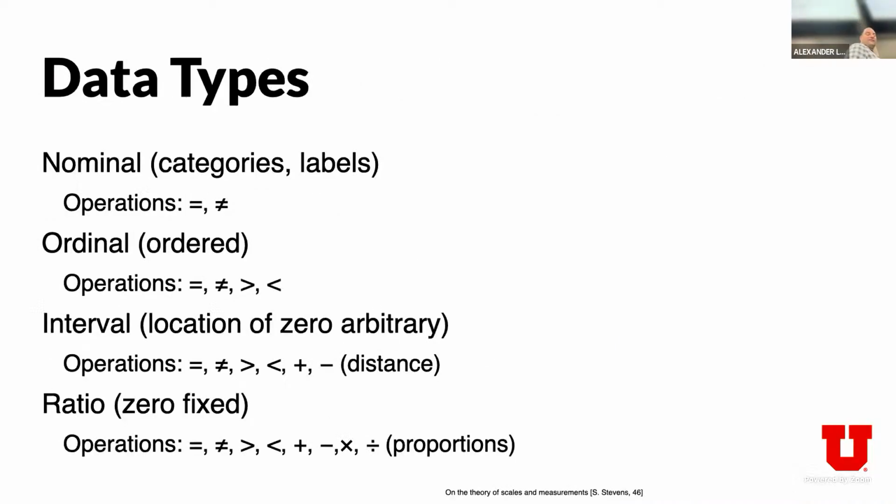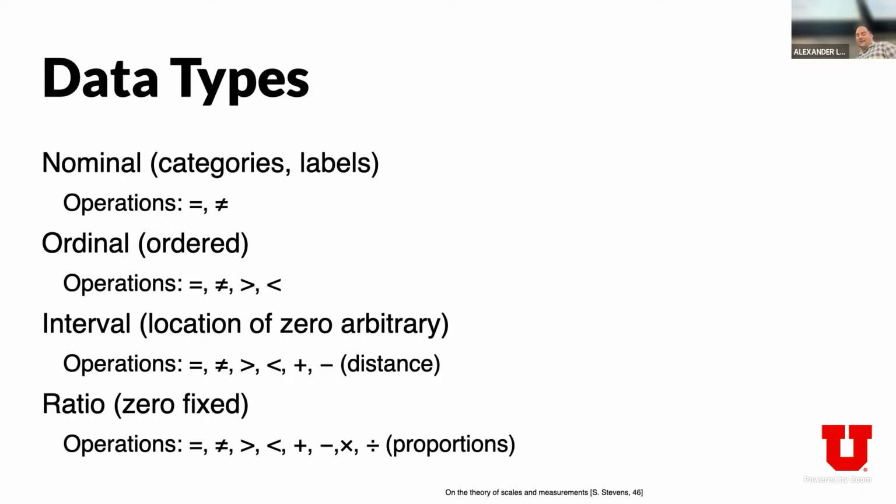So here's a summary, also something that I've asked in the exam in the past. What are the operations that are supported by these different data types? For nominal data types, such as categories and labels, we can just test for equality. Are two things the same thing? Is the continent associated with a country the same or not? For ordinal data types, we can measure equality, but we can also measure smaller than or larger than.